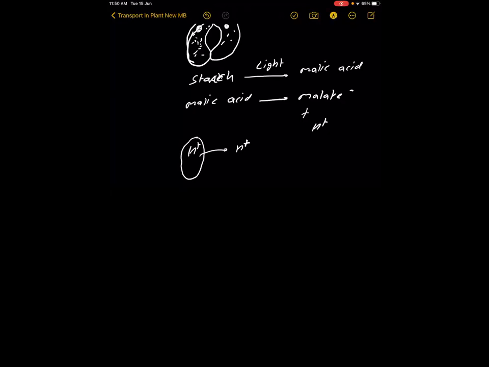In turn, potassium ions enter the guard cell to compensate this decrease.